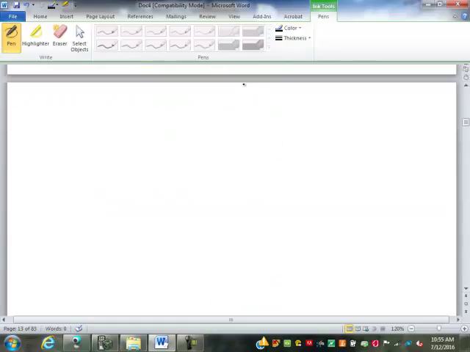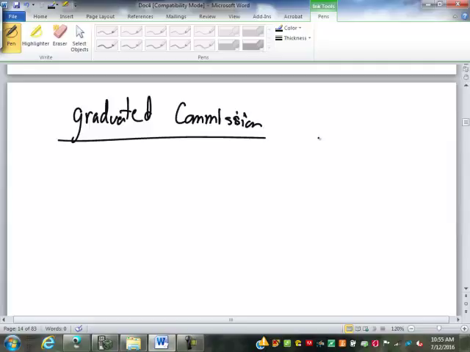Then there's a full-on graduated commission, where your commission is based on sales level. Now, there are sliding scale commissions. I'm not going to go through an example of that, where your full commission actually goes up depending on your sales level. We're just going to look at a simple graduated commission where the commission level changes as you increase sales.